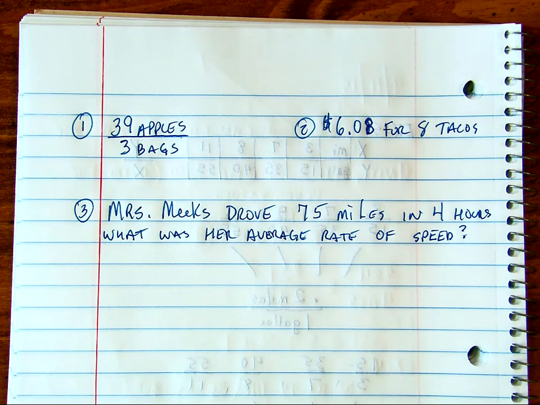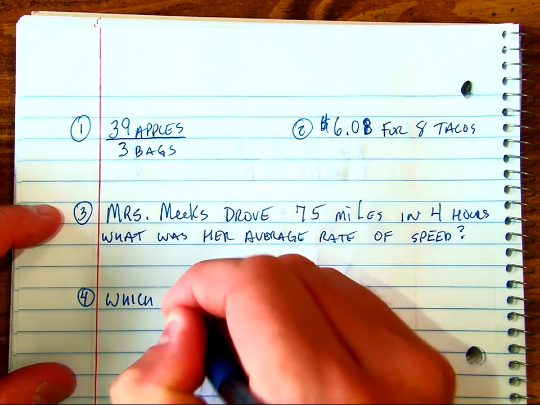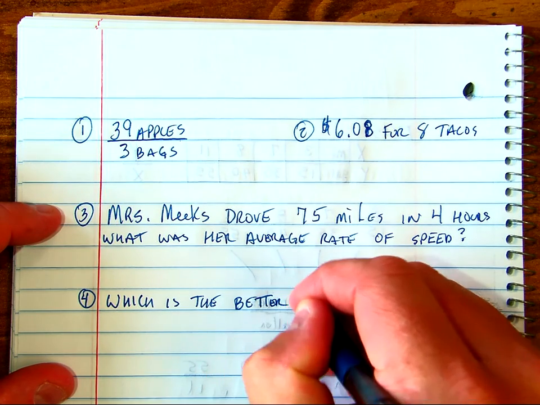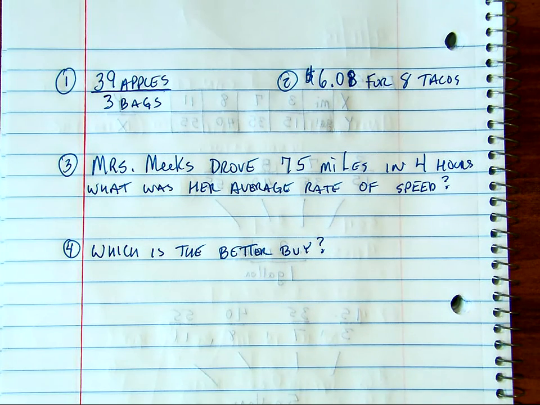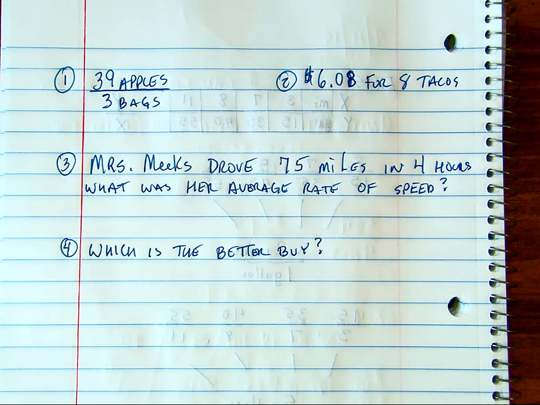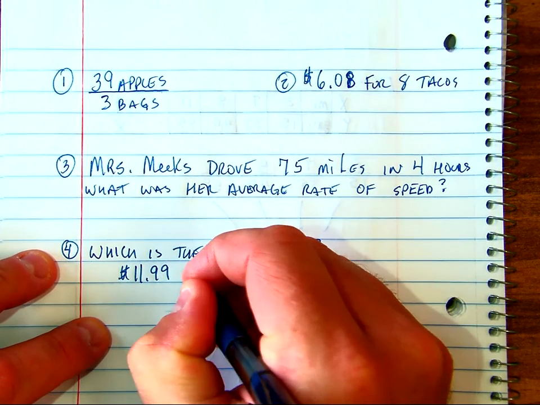Number 4. Which is the better buy? Oh, that's what I said. A long time to be going 2 miles an hour. $11.99 for 6 pizzas.